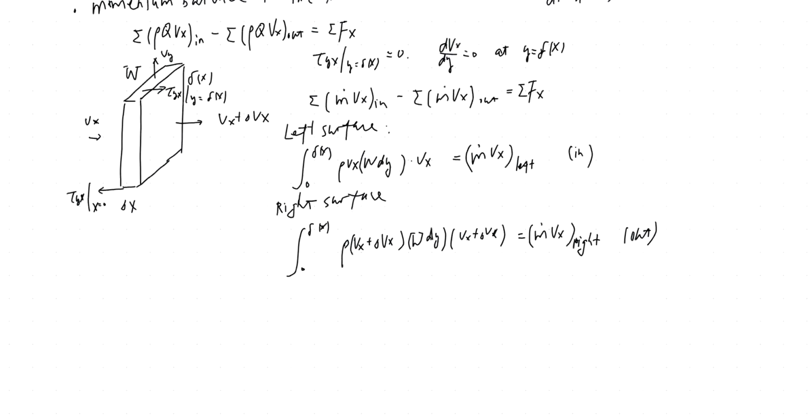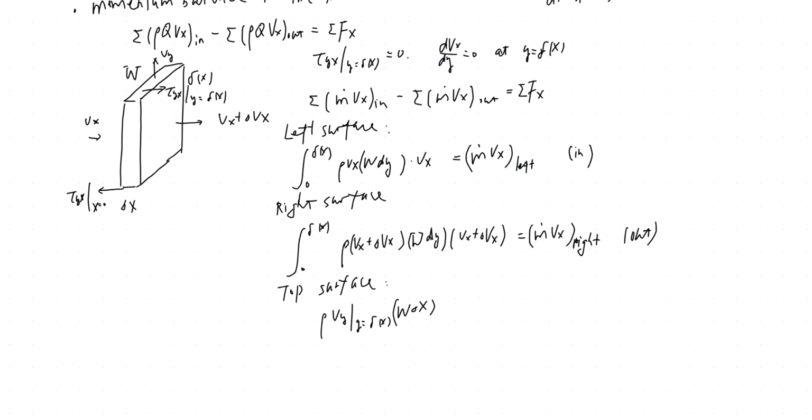Let's also look at the top surface. On the top surface, the m dot is rho Vy at y equals delta x, multiplied by the area, which is w multiplied by delta x. And then this is the m dot.